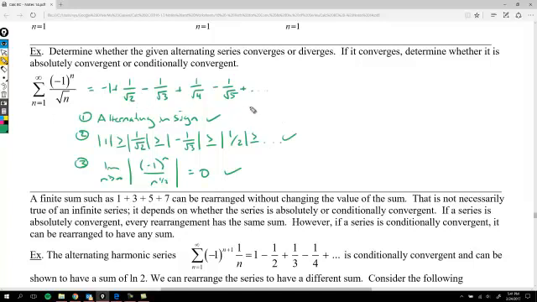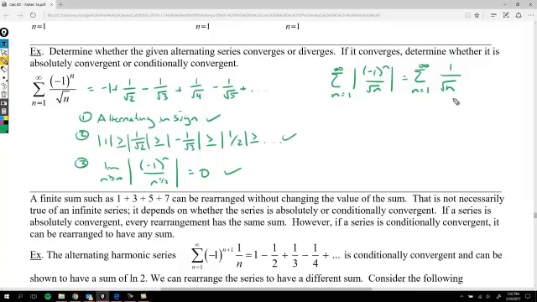Now, if I want to check if it's conditionally convergent or absolutely convergent, I evaluate the same series, except with the absolute value. Just like with my limits, what that ends up doing is taking away the alternating part, so I just get rid of this -1 to the n. This is my series that I'm checking.